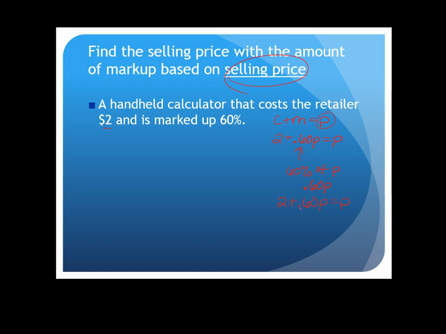So let me bring this down here. To solve for P, I'm going to move this to the other side to get the P's together. So I'll subtract 0.60P. So I get 2 equals 0.40P. And then to get P alone, I'll just divide by 0.40. So P equals $5.